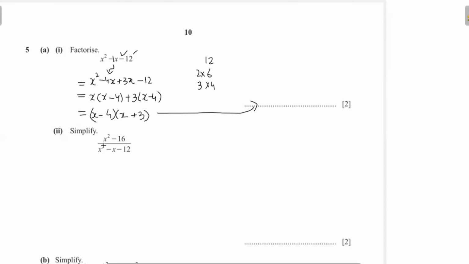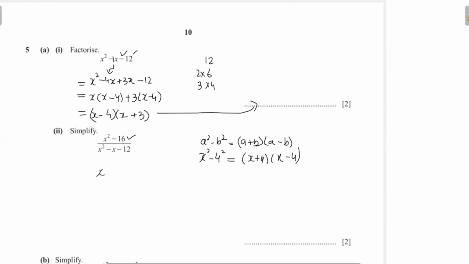Part second, simplify x square minus 16 over x square minus x minus 12. You see here the numerator expression we can factorize by using the identity a square minus b square equals a plus b into a minus b. From this identity, we can write x square minus 16 as x square minus 4 whole square. Therefore, we can write x plus 4 into x minus 4.